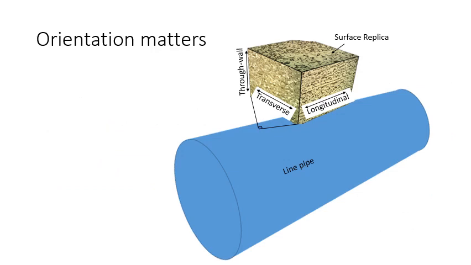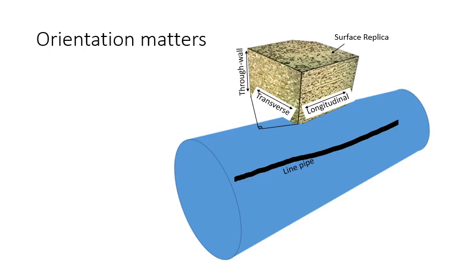So we've talked about how processing affects microstructure, and now we need to talk about how orientation can affect microstructure. The direction in which you section and observe the microstructure of your line pipe steel can make a difference in the appearance and the evaluation of that microstructure.